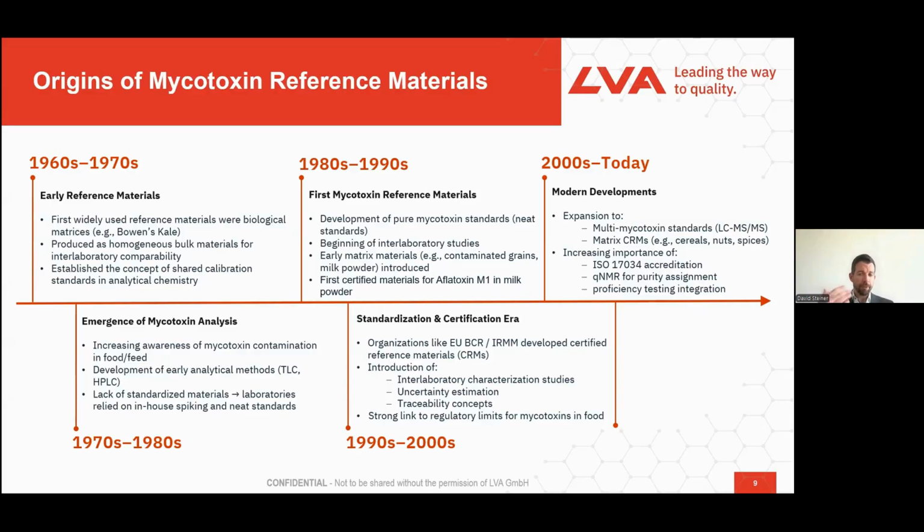And in the following years, standardization became more and more important, with organizations such as the European BCR program contributing to the development of certified reference materials and introducing key concepts like uncertainty estimation and also traceability.